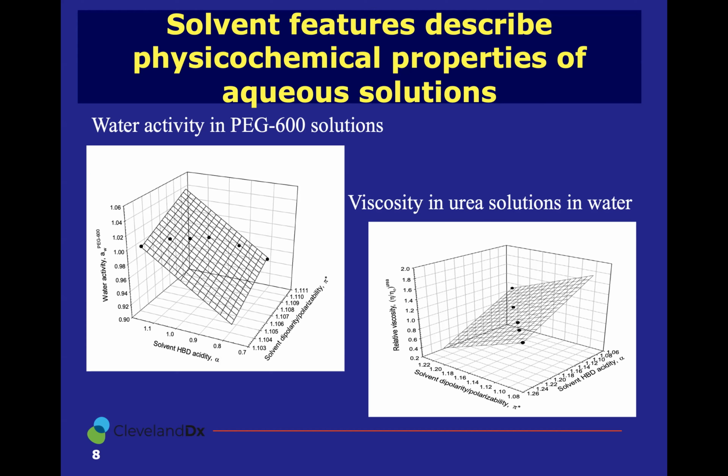Basically, all basic physicochemical properties we could find in the literature from the 20s and 30s, when I really trawled the literature. Everything is quantifiable in terms of these solvent features of water.